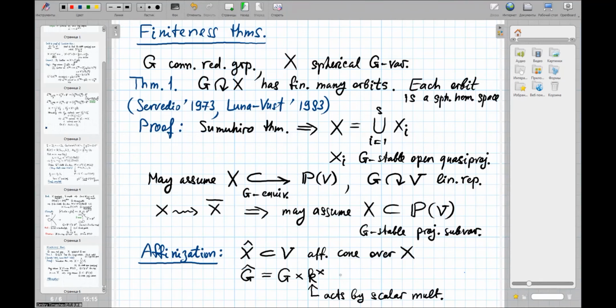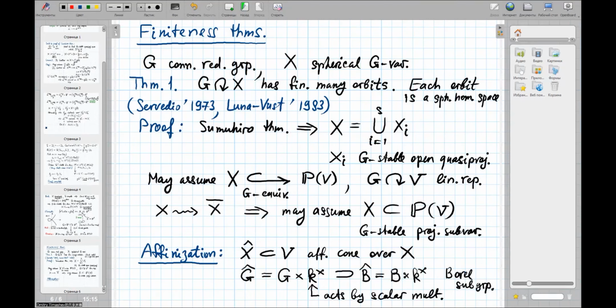This group G hat is also reductive, and the Borel subgroup in G hat, let me denote it as B hat, can be chosen to be the product of a Borel subgroup in G, which was B, and this K star. So this B hat is a Borel subgroup in G hat.